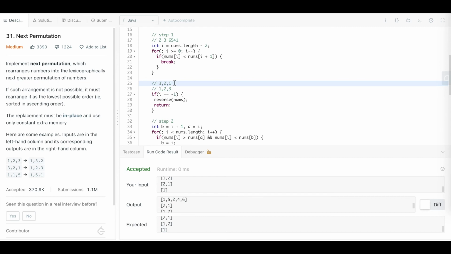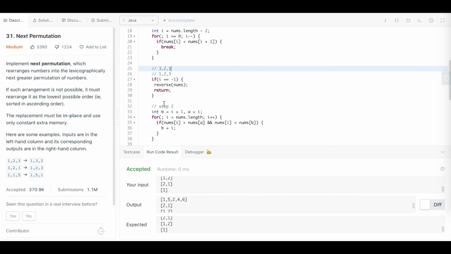All these 3 digits are in increasing order if you read from the right side. And the next permutation of it is actually 3, 2, 1. You just reverse all the digits. It's like a cycle. After the last permutation, you rotate to the first permutation.